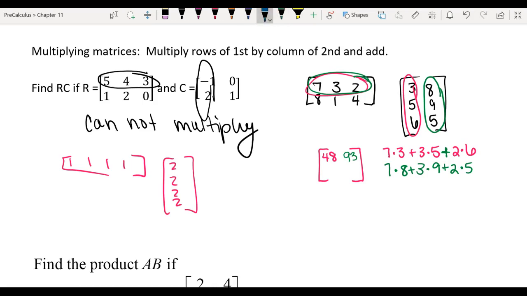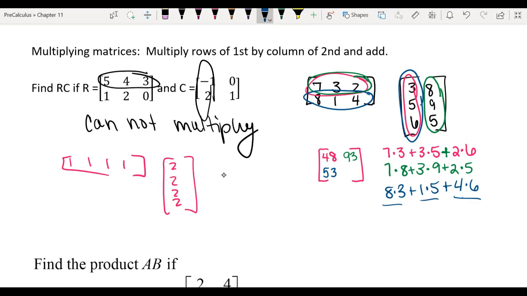Okay? So I'm going to do 814 times 356, 8 times 3 plus 1 times 5 plus 4 times 6, which is 48 plus 5, 53. Because this would be 24 and 24, correct?